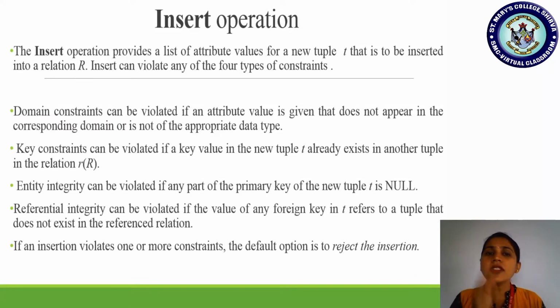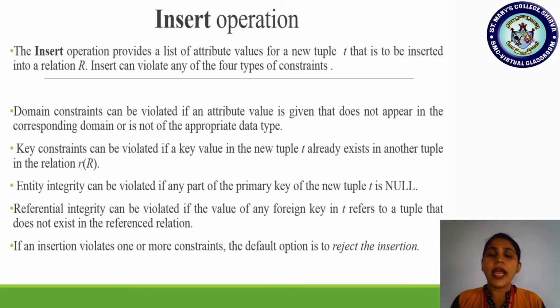What is that? First employee name, then employee SSN, then employee address, date of join, salary. In whatever order the relation is defined, in the same order you should insert the values. If the first is employee name, then comes employee SSN. If you are entering SSN first, then giving employee name, it means what? The domain constraint is violated.